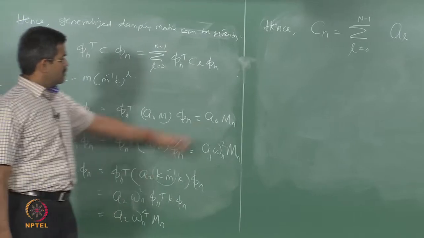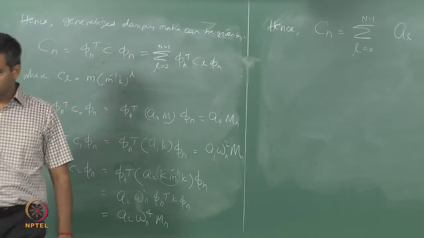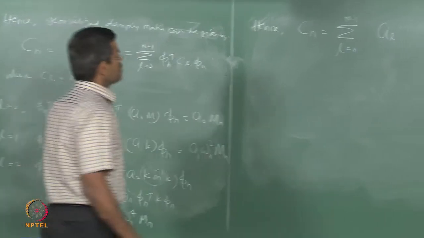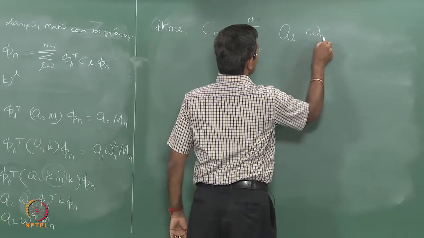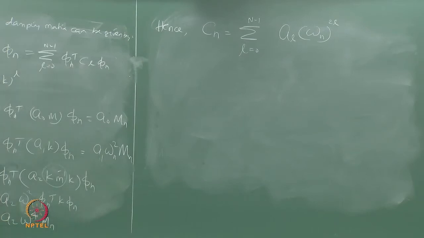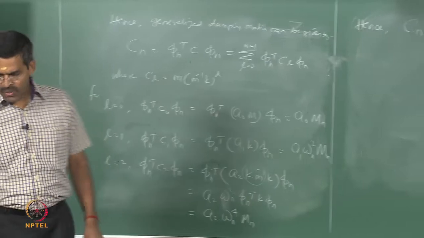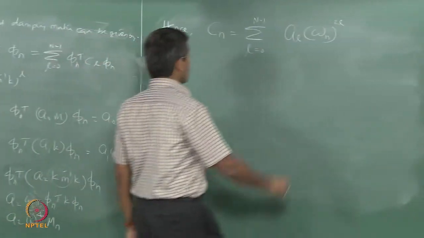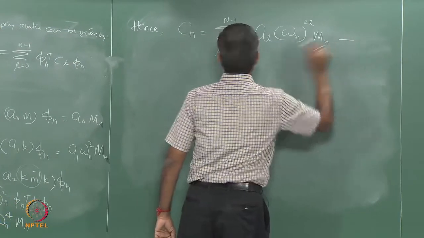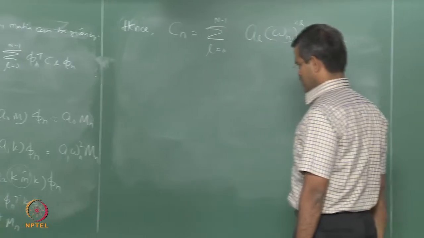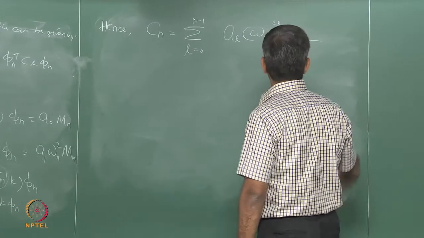If L is 0, there is no power. For L is equal to 2, this becomes 4, of Mn. I call this equation number 9 or 10.